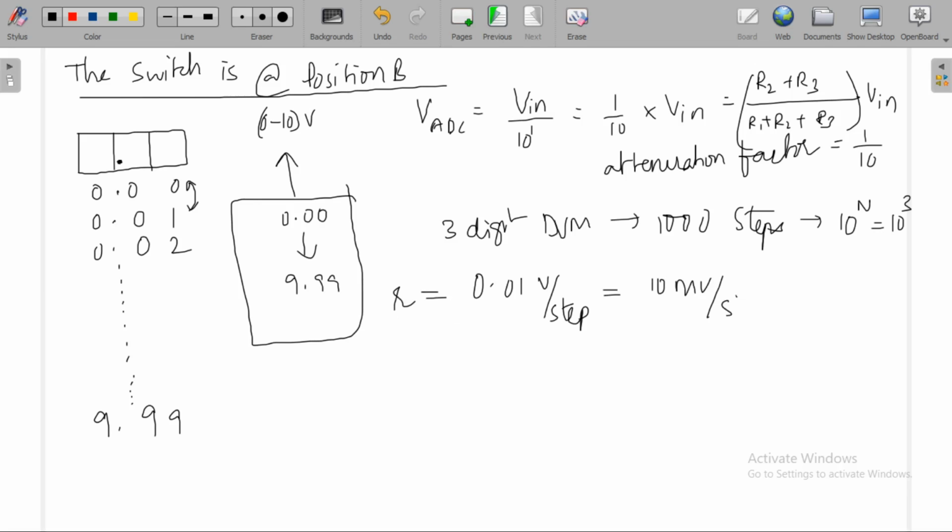10 millivolts per step is the resolution for this range, for the voltage range of 0 to 10 volts.